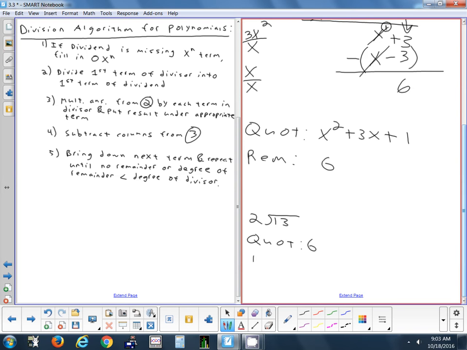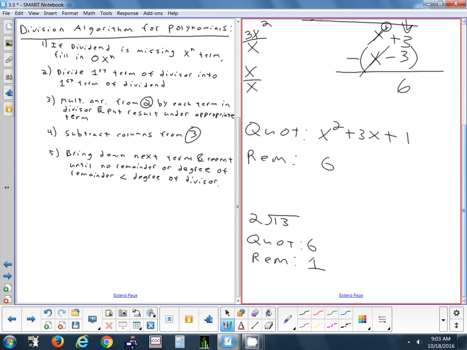Okay, quotient is 6. What's your remainder? Remainder should always be an integer. What is it? 1. Okay, just like 4th grade long division kind of stuff. 2 into 13 goes 6 times with a remainder of 1.